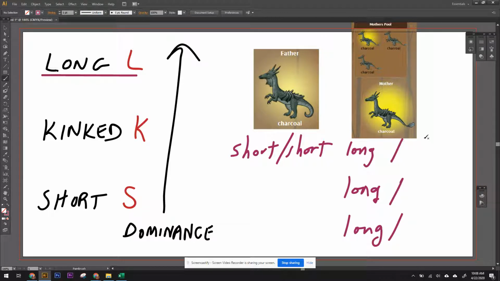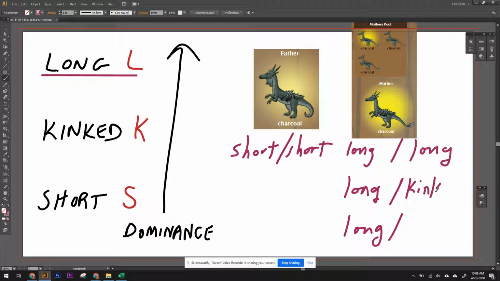Now I'm writing this in 3 different places because, as you might have inferred, there are 3 different genotypes that are possible for a long-tailed drake. They could be purebred for the long-tail trait, and their genotype could be long. They could be hybrid, one of 2 varieties of hybrid.